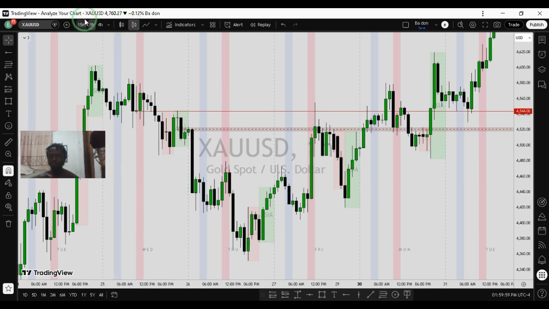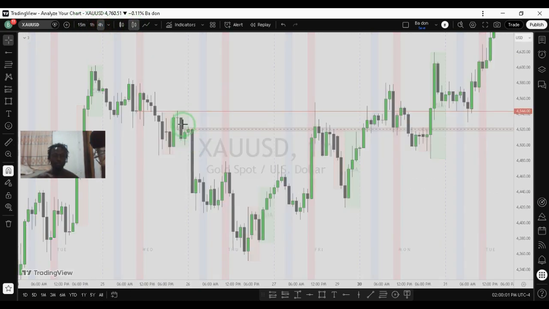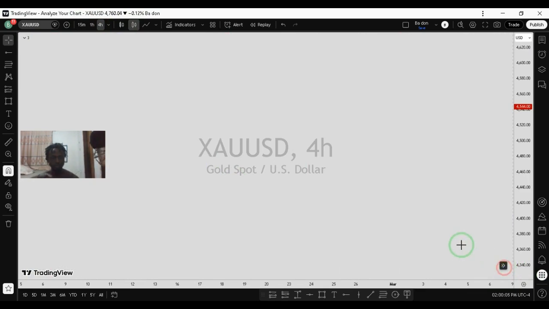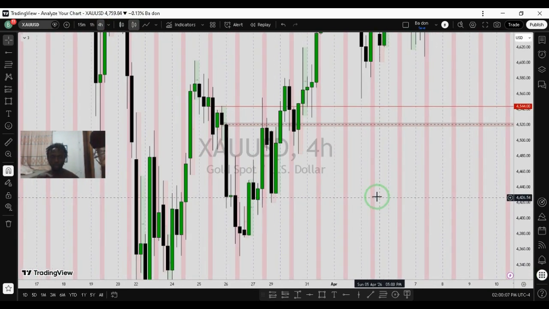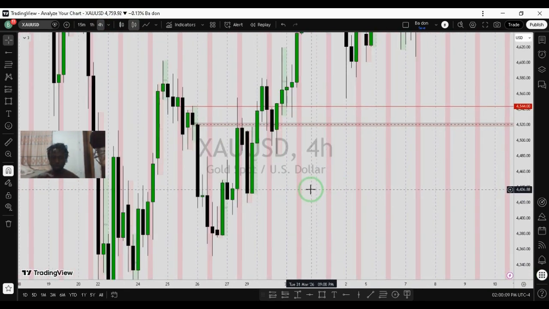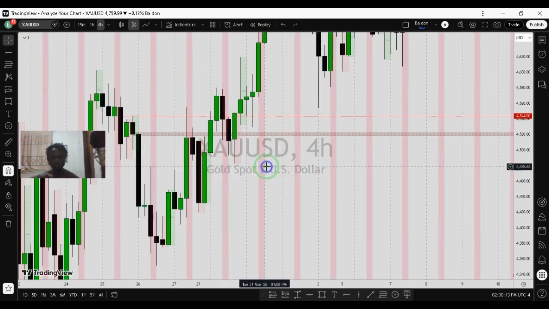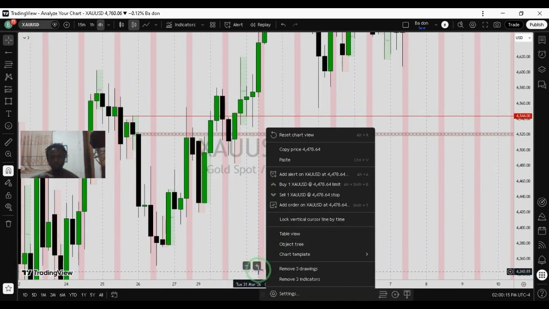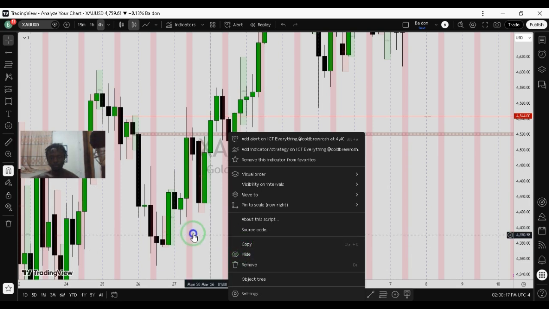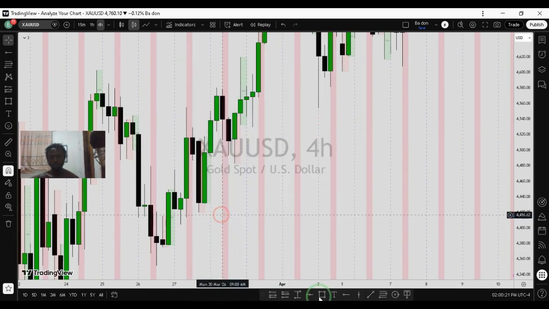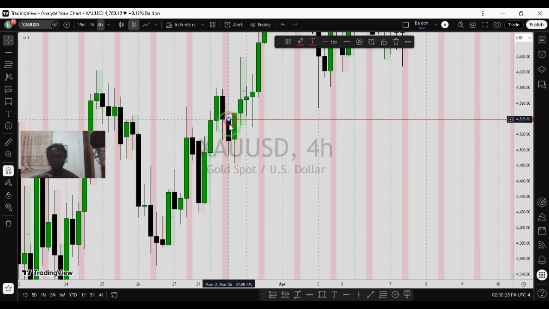Now we go to the 4-hour time frame. We are looking for another valid order block. I've seen another one, which is this one right here.